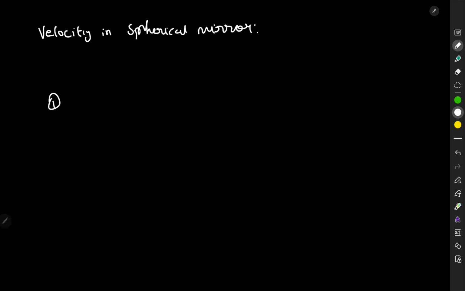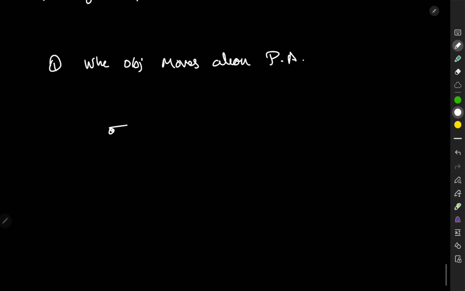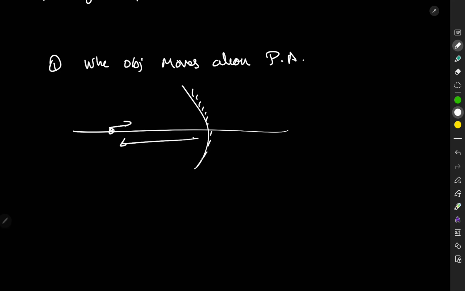So first thing, when the object moves along principal axis, we know that 1 by f is equal to 1 by v plus 1 by u. Clear?